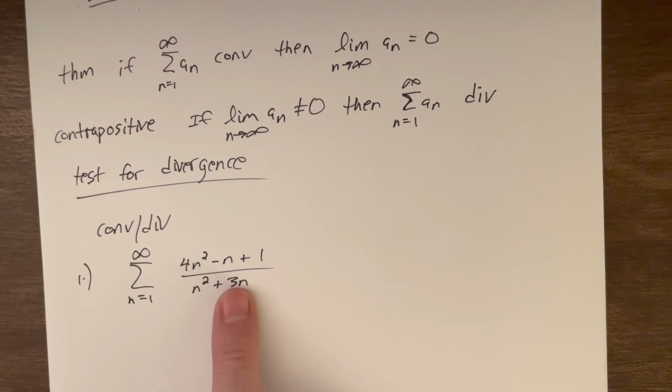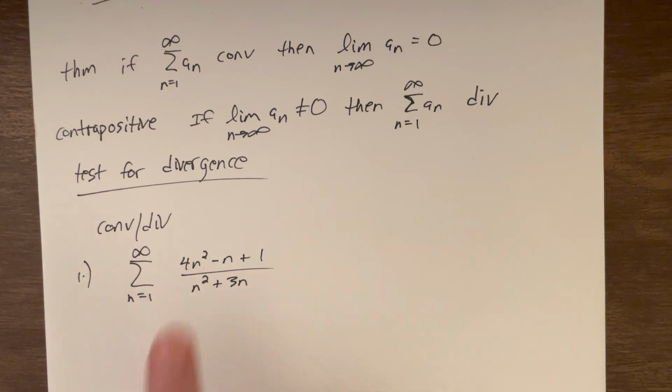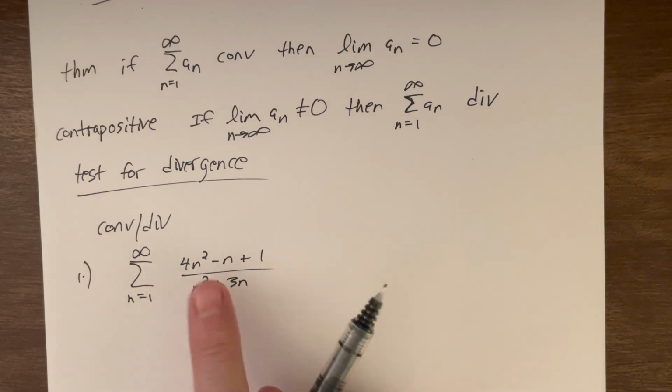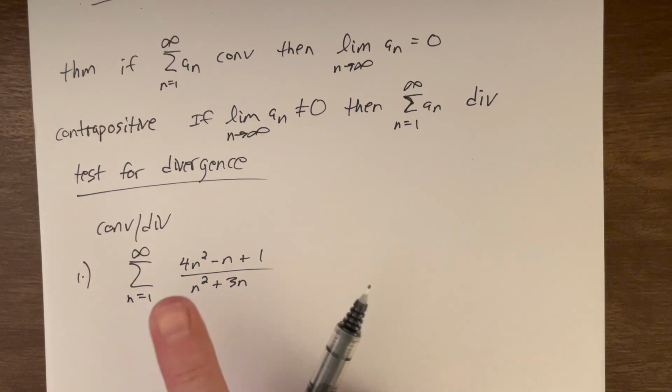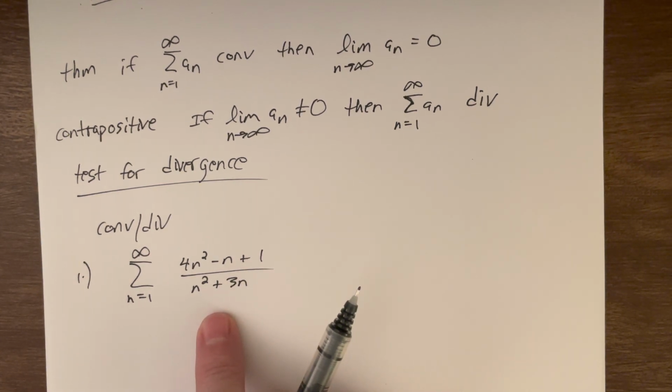You can write out some terms if you like, but the n is not in the exponent. It definitely doesn't fit the ar to the n form that we saw in one of our examples. There is no common multiplier, so it's not geometric. That's not going to help.